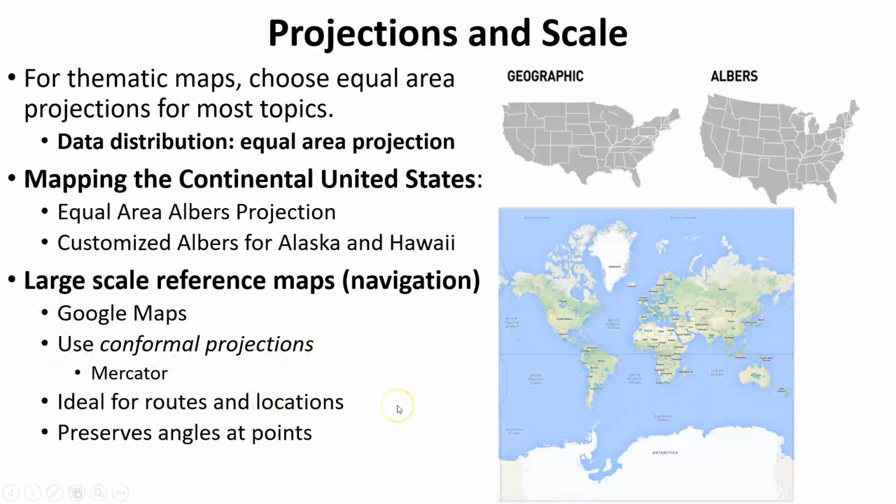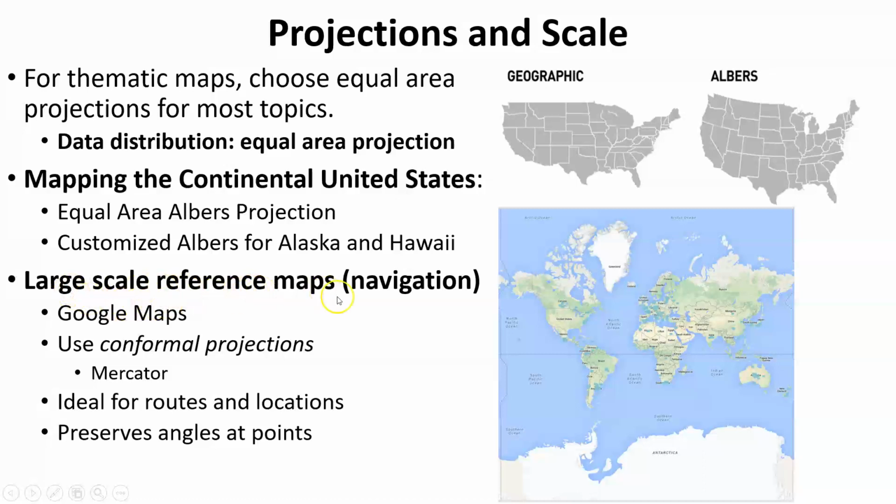And this is ideal for routes and locations because this type of projection preserves angles, right angles at points and intersections. And so this is ideal for navigation because your GPS can tell you left and right since angles are preserved. And so what we're looking at is when we map the continental United States, we would prefer the Albers equal area or a projection that accurately displays the curvature and shape of the United States.